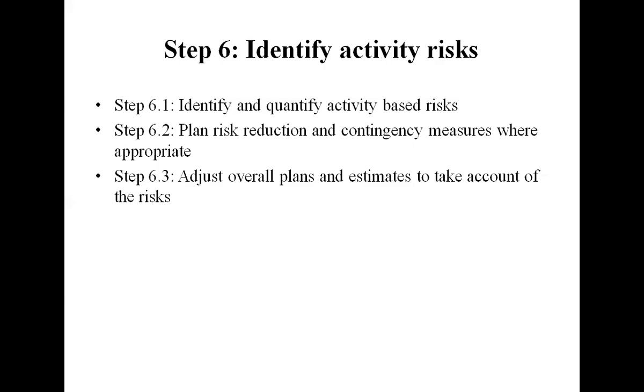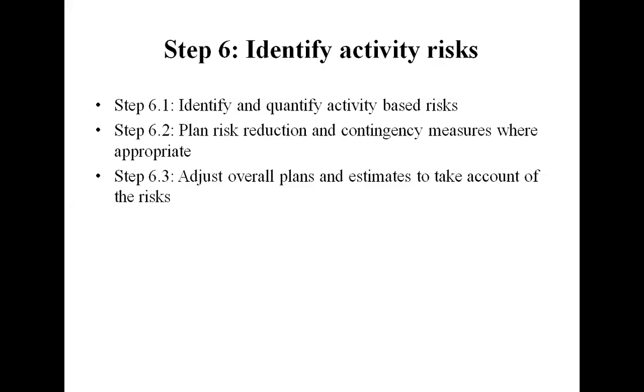Adjust overall plans and estimates to take account of risk. For example, add new activities which reduce risk associated with other activities. I already told you, if the risk continues, we have removed that and add new activities for that.